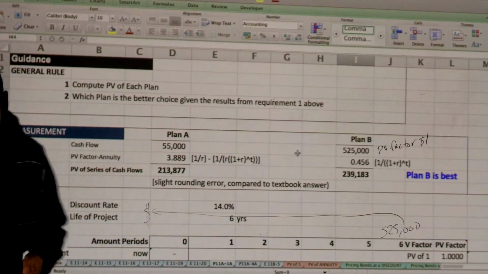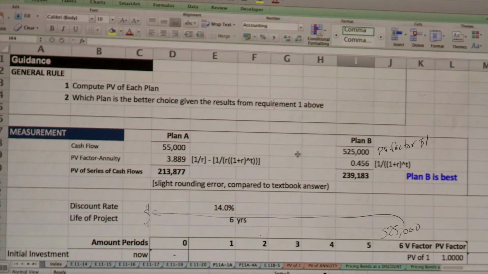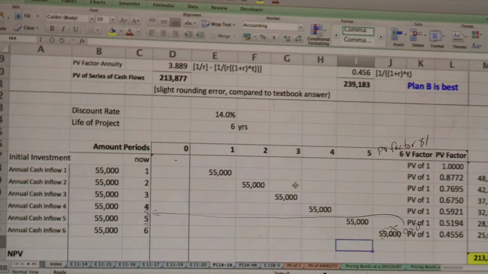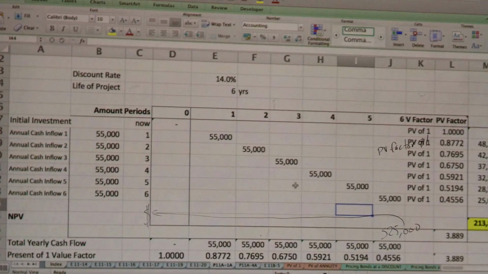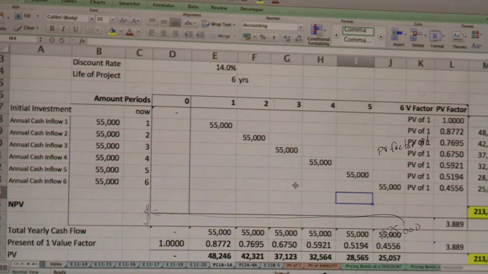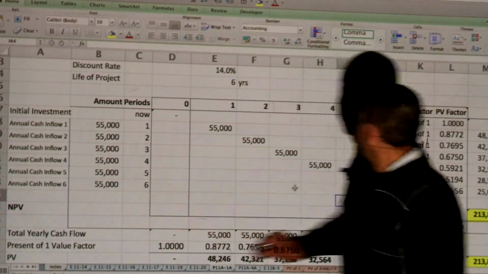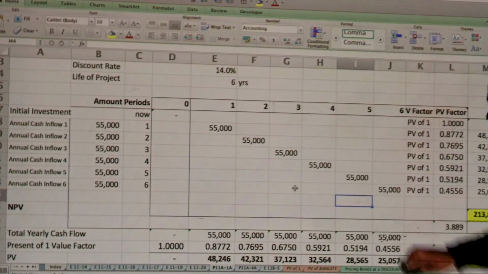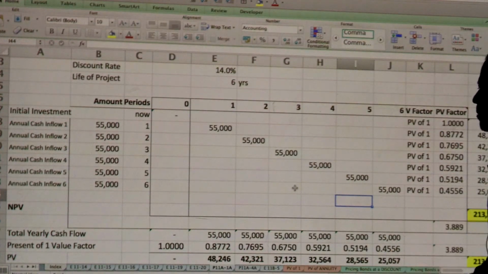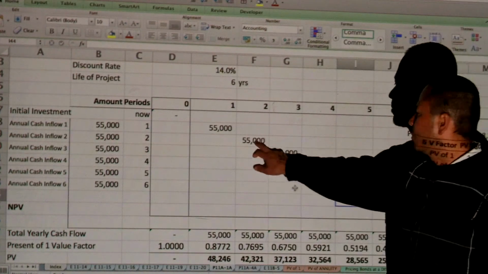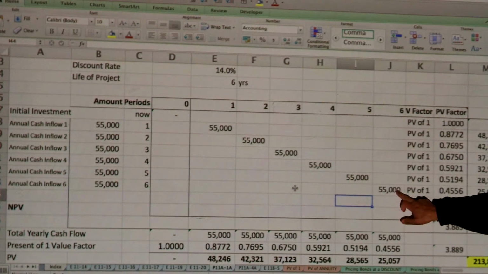So that's really what you do for present value. Now, conceptually, this is what's happening here. Again, it's the same thing I just talked about, but it just breaks it out into parts. It's a lot more detail than you really need for this problem. But here's cash flow number 1, cash flow number 2, and so on up to cash flow number 6.